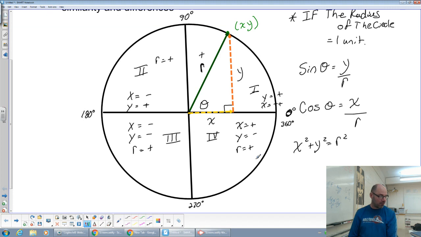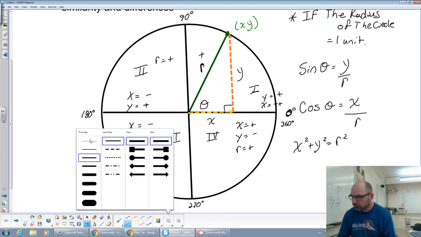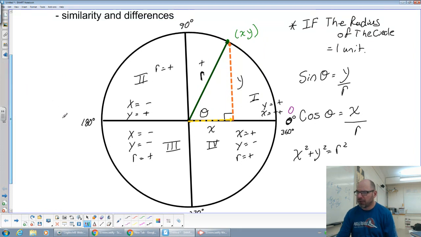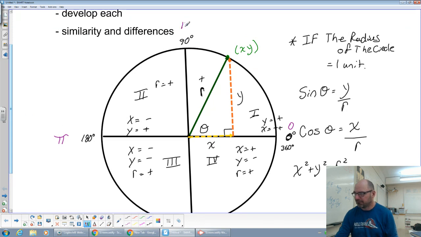Now, if we're looking at radians, you can see the 2 pi is all the way around the circle. We know that. So we'll do radians here in a different color. If we have 0 radians, this one here is pi radians. This is halfway in between, so this is half a pi. 90 degrees is half a pi, so we write that as pi over 2.